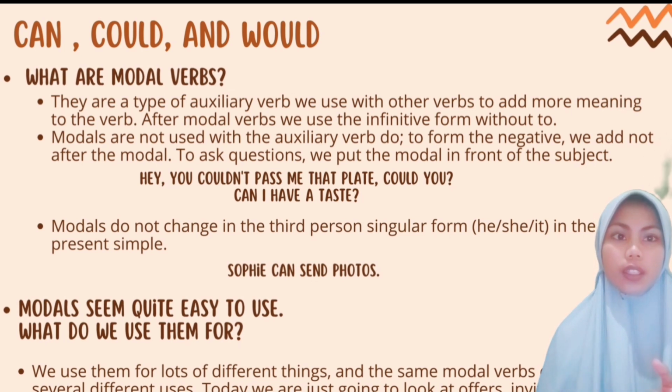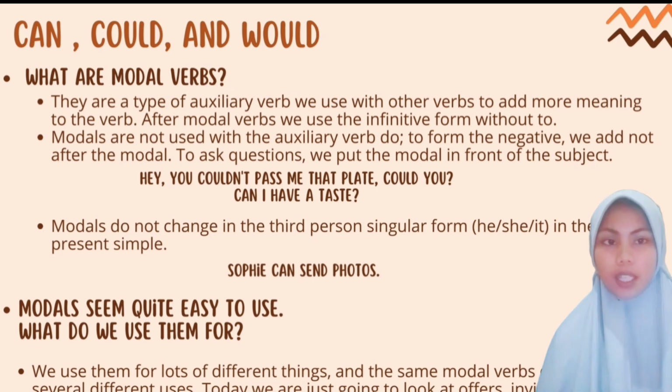Modals are not used with the auxiliary verb do to form the negative. We add not after the modal. To ask a question, we put the modal in front of the subject.